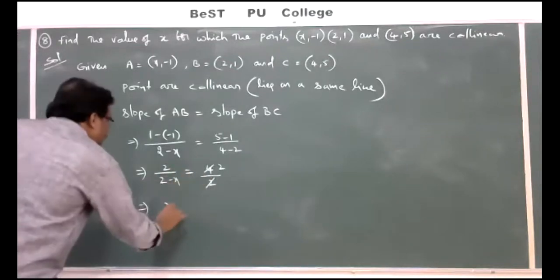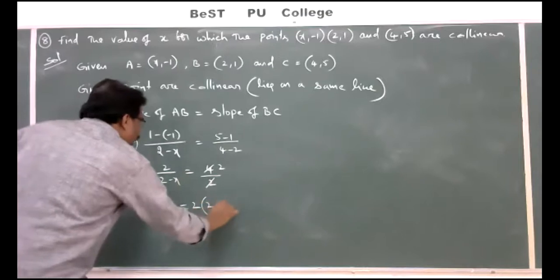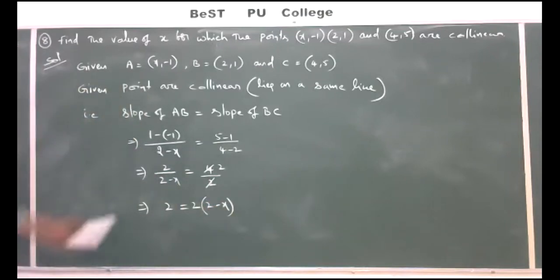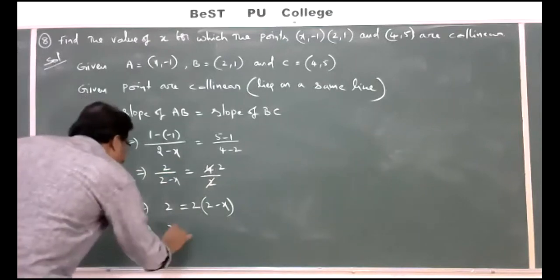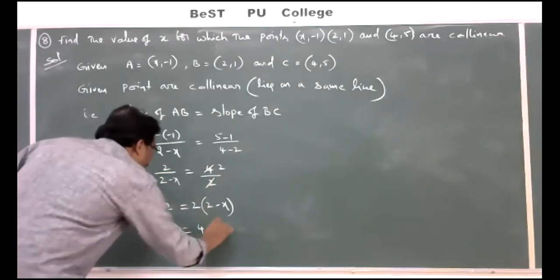Then cross multiplication: 2 is equal to 2 into 2 minus x. Cross multiplication. That implies 2 is equal to 2 twos are 4 minus 2x.